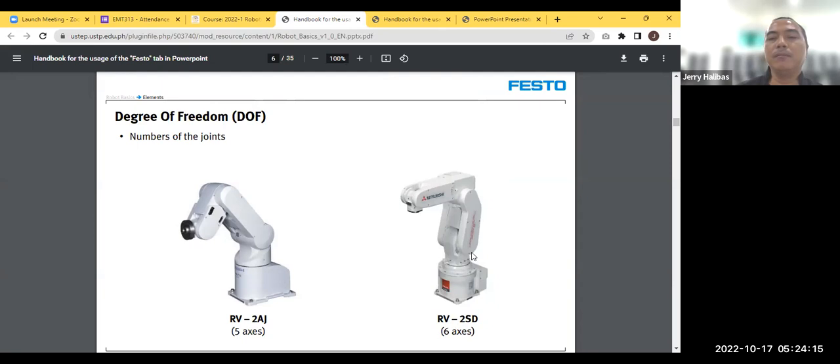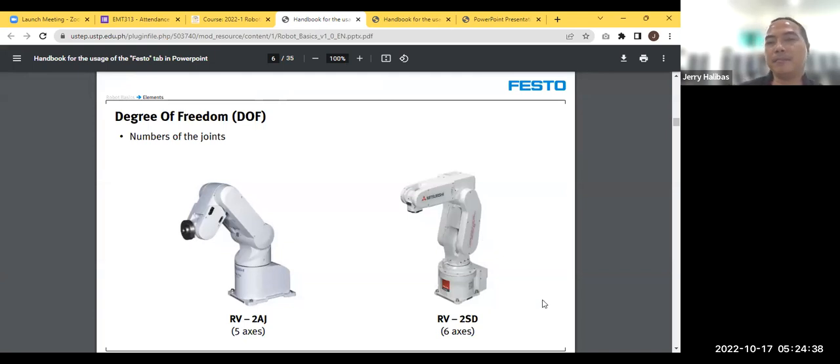J1 is at the base, J2 is the shoulder, J3 is the elbow, then J4 up to J6 is the rest of the assembly. Okay, the arrows indicate the home position of its joints.